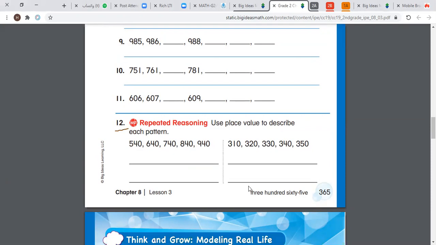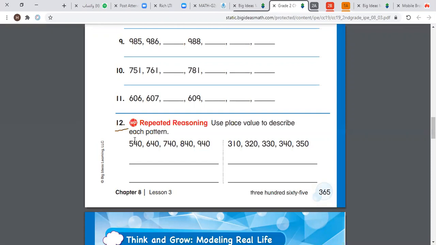Here you can easily notice that we add 100. Here we have 4 tens, 4 tens, 4 tens, 4 tens, 4 tens. So we don't increase the tens. What about ones? We have 0 ones each time, so there is no difference in the ones digit. What about hundreds?